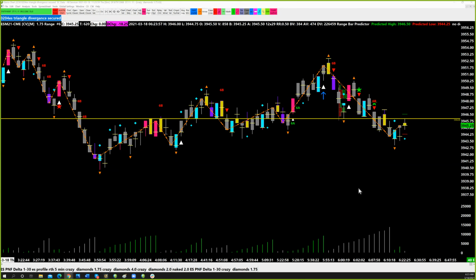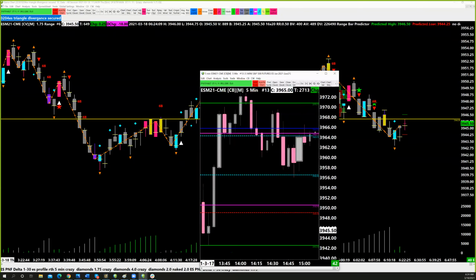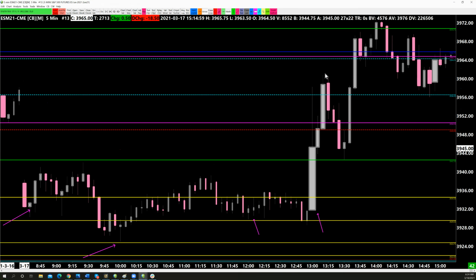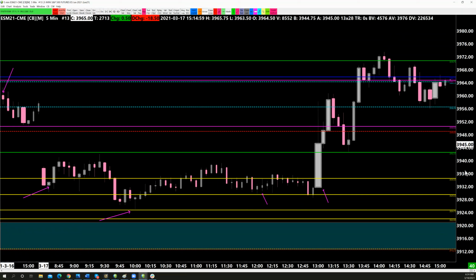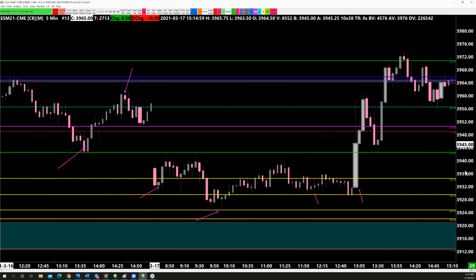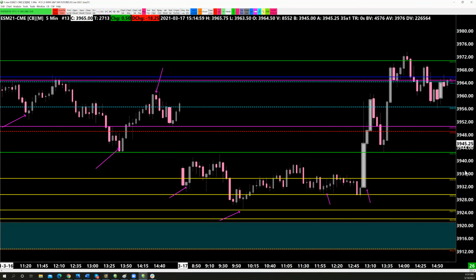First of all, let's look at how the zones did from yesterday really quick. This is my 5-minute chart, and you will see that we had two critical zones. I break the zones down into white zones, yellow zones, and blue zones. Blue zones are the weakest.